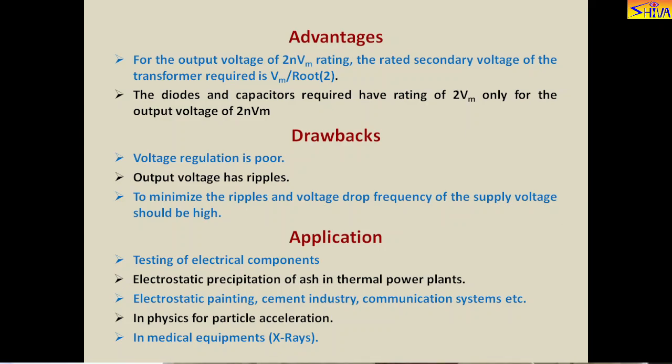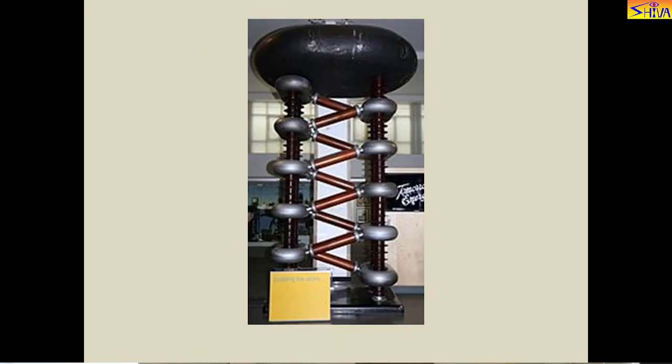Now I will show the diagram for an actual Cockcroft Walton voltage multiplier circuit used in a high voltage testing lab. So this is a 4-stage Cockcroft Walton voltage multiplier circuit. These are the diodes: first stage, second stage, third stage, fourth stage, and from here the output voltage is taken out.